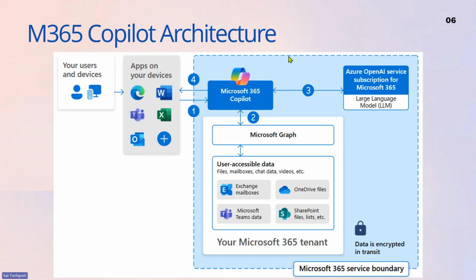Let's look at the Microsoft 365 Copilot architecture. At a high level, as a user, we interact with the Microsoft Office suite of products. When we interact with the Copilot, the request is sent to the Copilot.